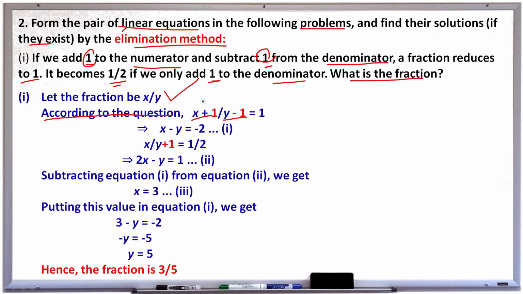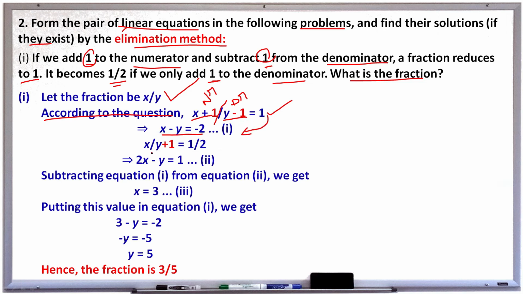This is the numerator, this is the denominator. To the numerator you have to add 1 and from the denominator you have to subtract 1. The expression is equal to 1, as given in the question. So by simplifying you will get x minus y is equal to minus 2. This is the first equation.